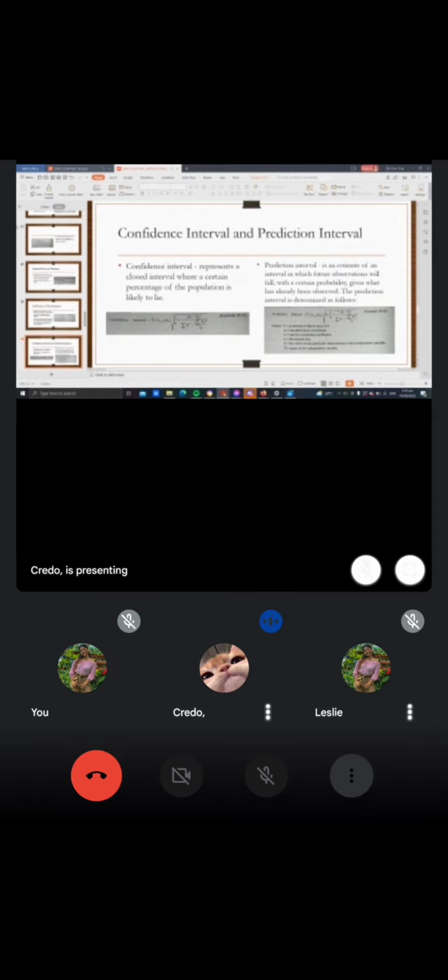Next will be the confidence interval and prediction interval. Confidence interval represents a closed interval where a certain percentage of the population is likely to lie.